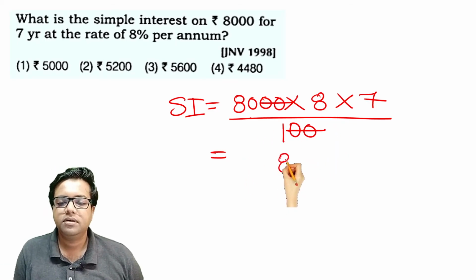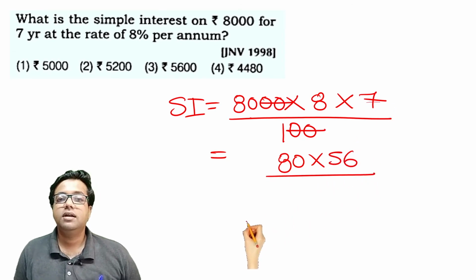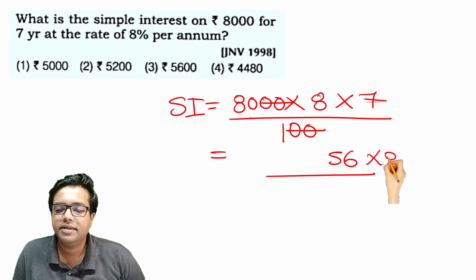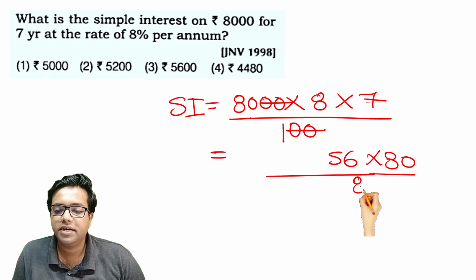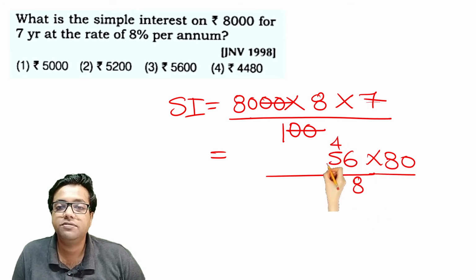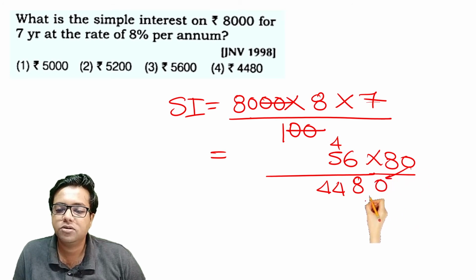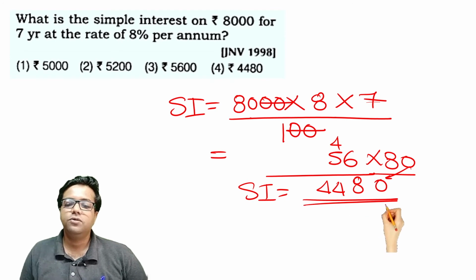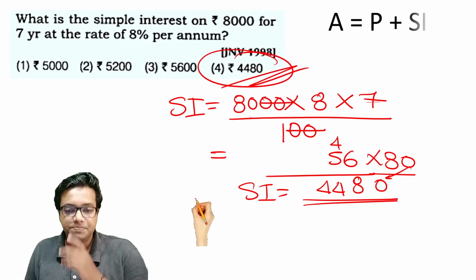Let's do this, or I can write this as 80 on the other side, and I can do the calculation easier. 8 6s is 48, 4 carry over, 8 5s are 40 plus 4 is 44, and this last zero will come in the end. So simple interest is equal to 4,480. Option 4 is the right answer for this question.